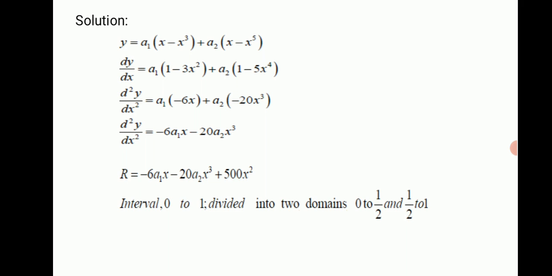The interval is 0 to 1, and we want to divide this domain into 0 to 1 by 2 and 1 by 2 to 1, because here we want to find two parameters. So r is equal to minus 6a1x minus 20a2x cube plus 500x square equal to 0. First, the domain 1, that is 0 to 1 by 2: we take any term between 0 and 1 by 2, and we assume x is equal to 1 by 3.